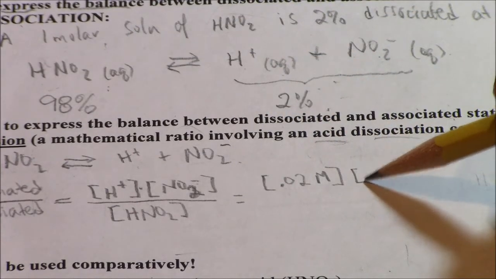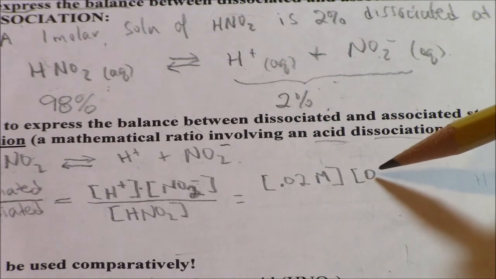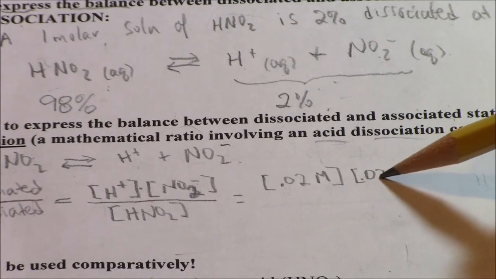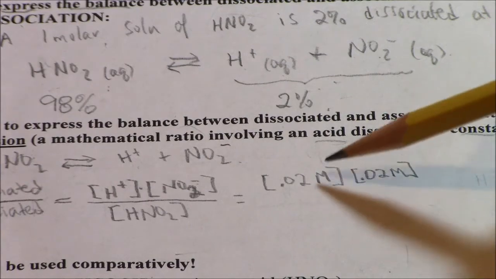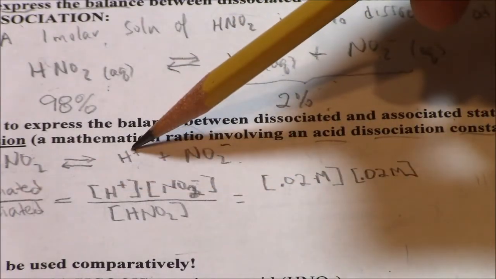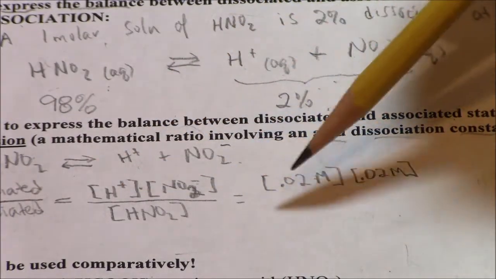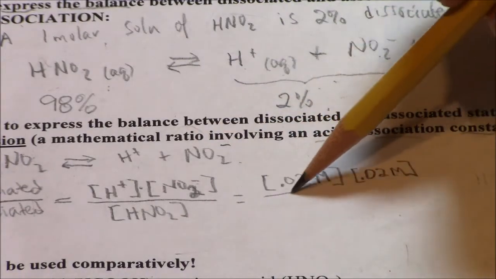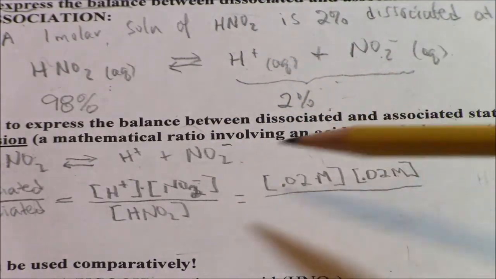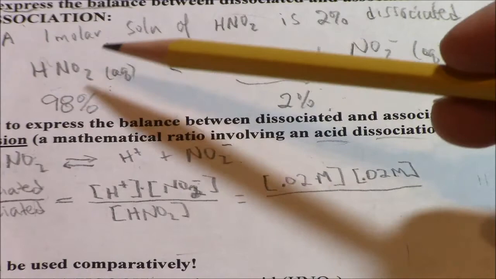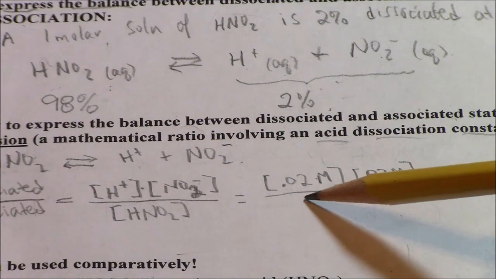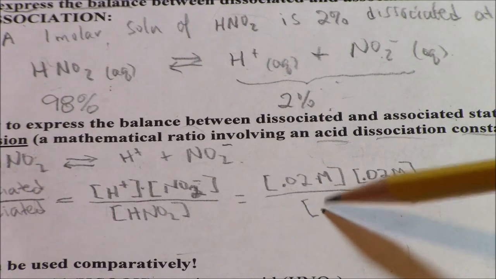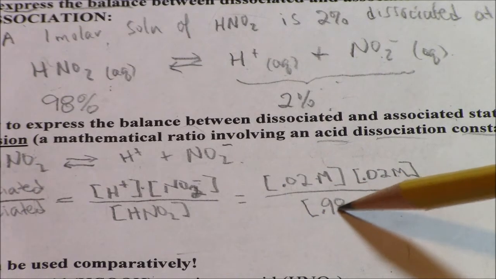The NO2 minus is equivalent, 0.02 molar. For every H plus, there's an NO2 minus. These are equal. On the bottom will be the 98% that is associated. 98% of 1 molar is 0.98 molar.